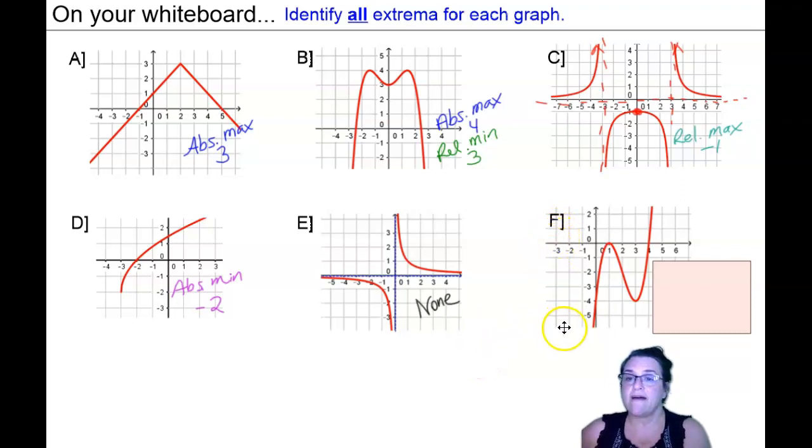Then graph F is a cubic function, and it has a relative maximum at the point 1, 0. The y coordinate determines the extrema, so this is a relative max of 0. And then at this turning point from decreasing to increasing at 3, negative 4, our y value is negative 4, and so we have a relative minimum of negative 4.